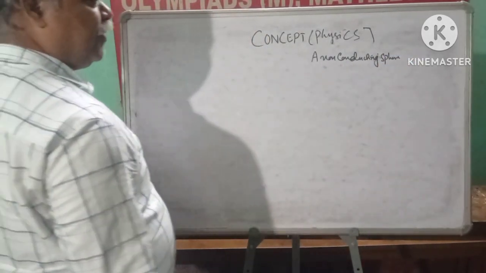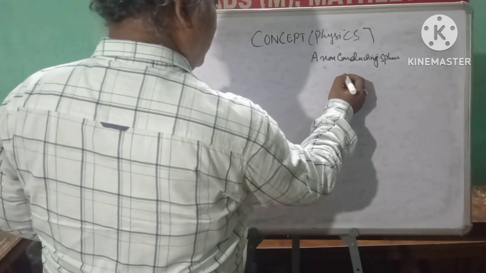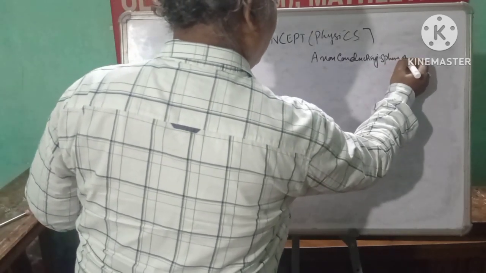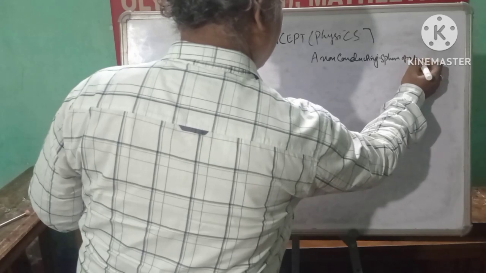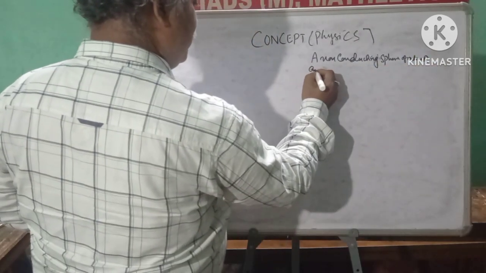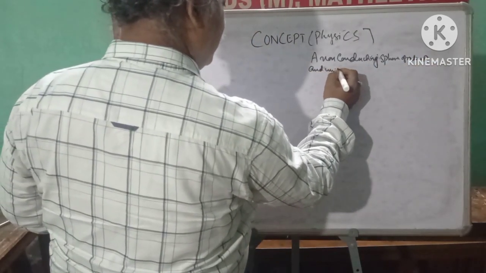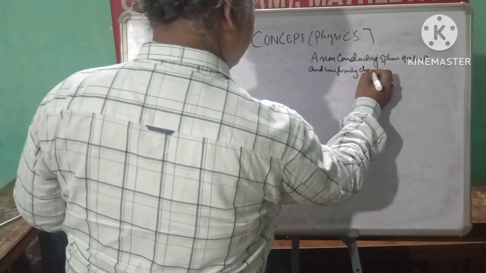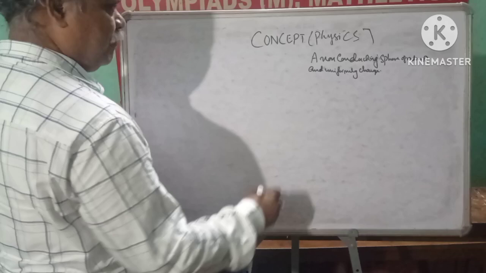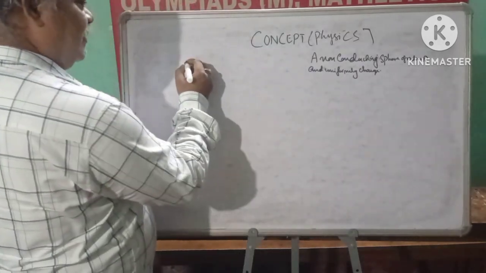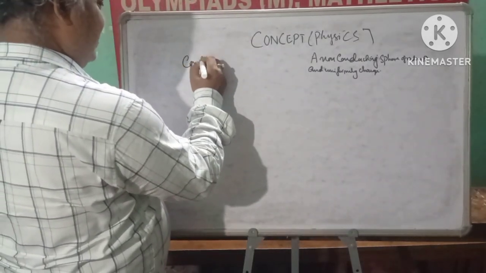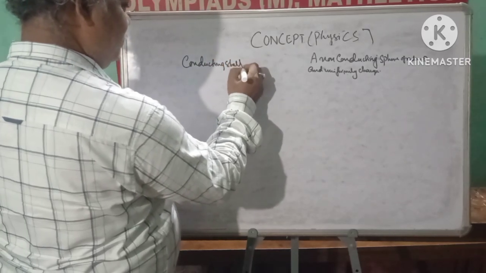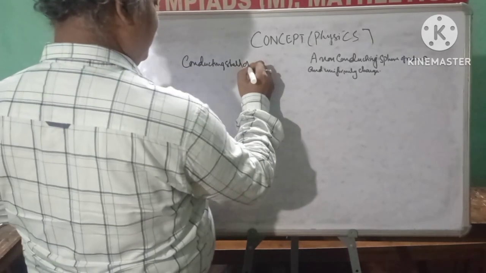A non-conducting sphere, that means an insulator of radius R and uniformly charged. And another is a conducting shell, a hollow shell of radius R.